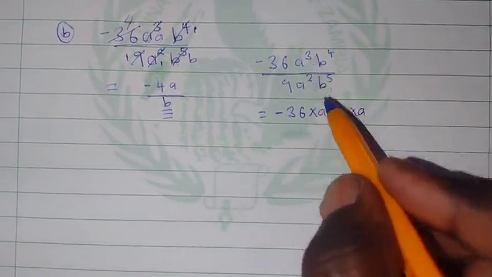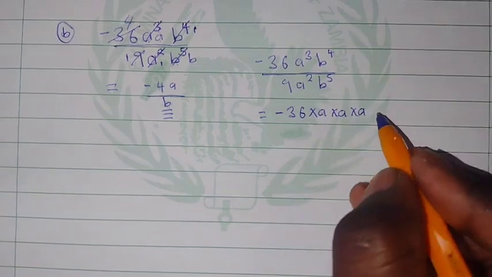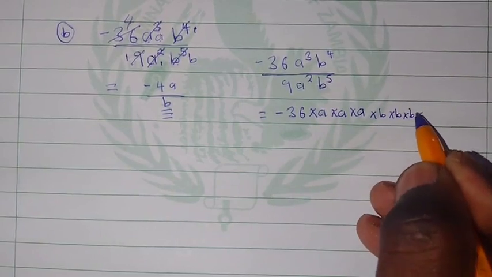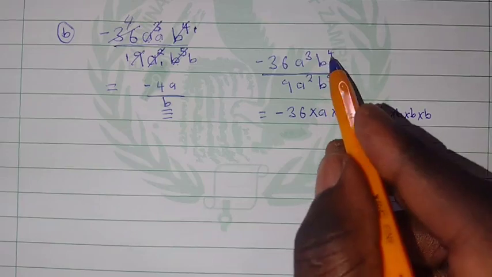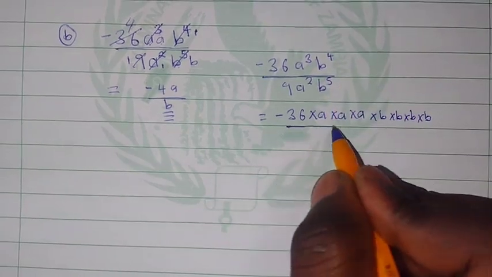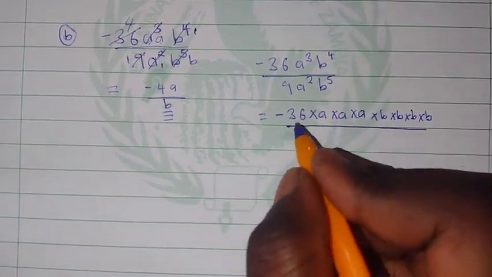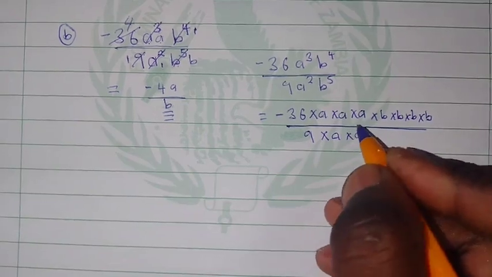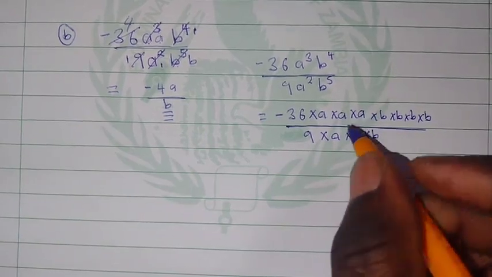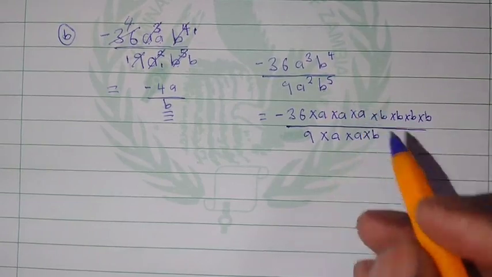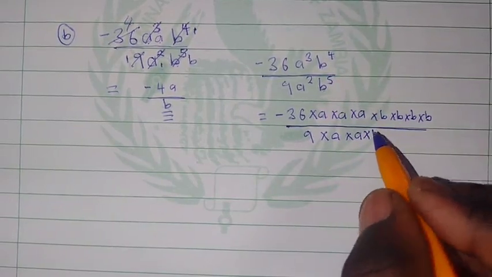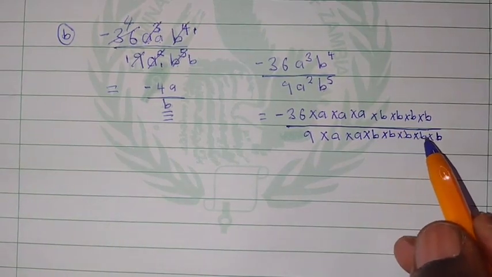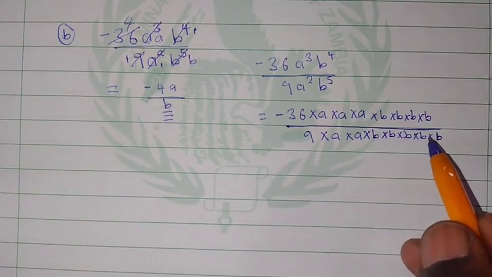So a is raised to the power of 3, so we multiply a times a times a, then times b times b times b, again times b, because b is raised to the power of 4. Then from here we can divide. So we have 9 times a, again times a, again times b. This b is raised to the power of 5, so you multiply b by itself 5 times. So this is what you get, b times b times b times b times b. 1, 2, 3, 4, 5.